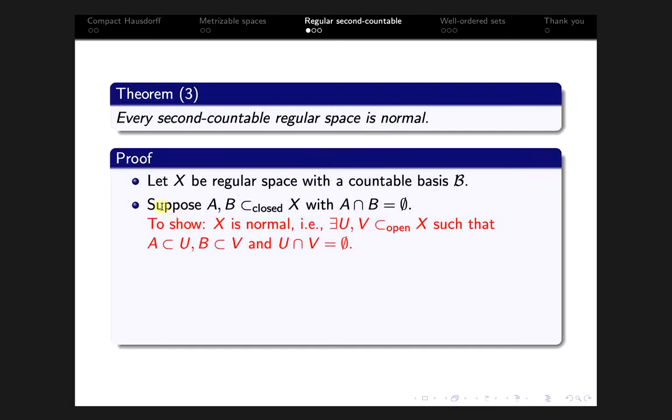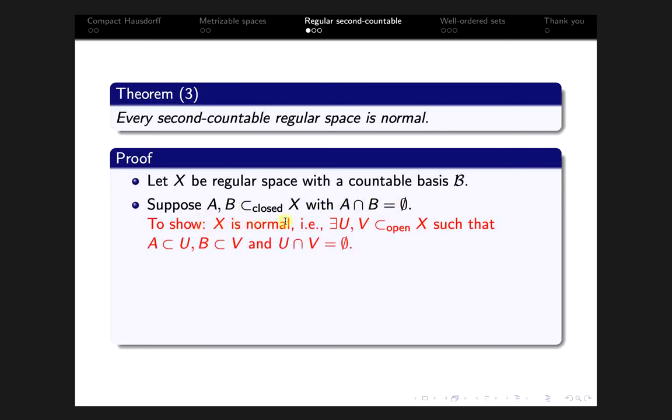Suppose A and B are closed subsets of X and they are disjoint, that is, A intersection B equal to empty.